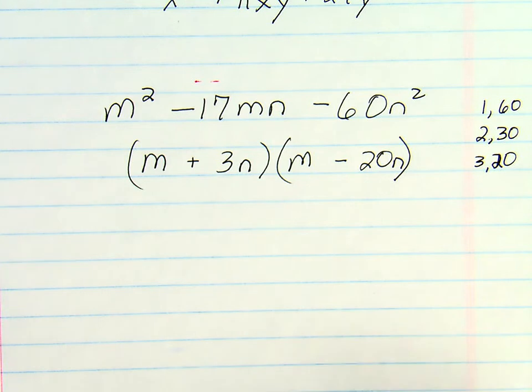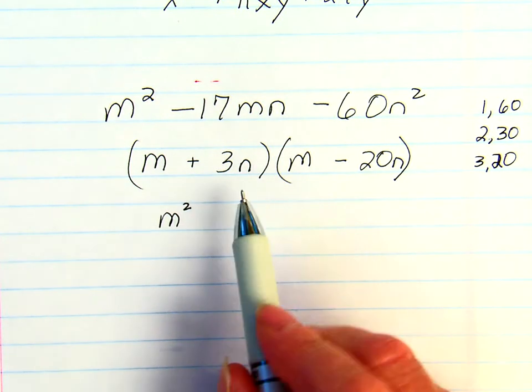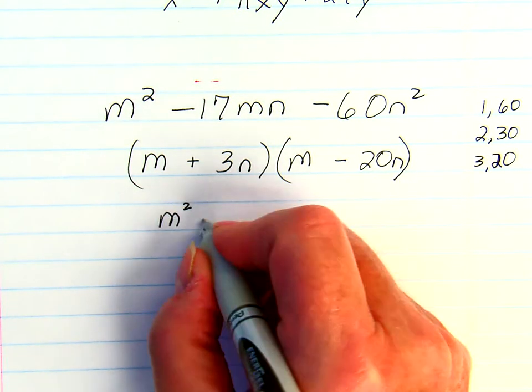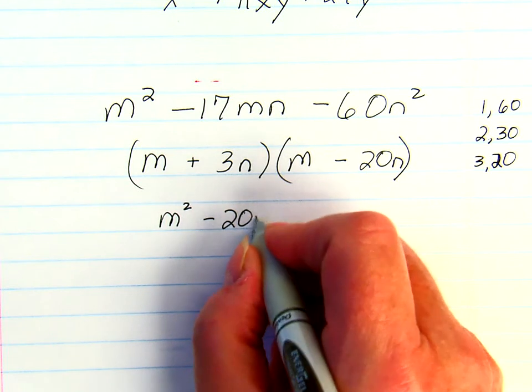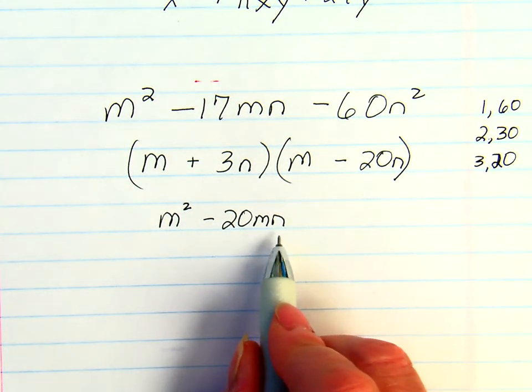Okay, and now I'll check my work. So I have m times m, which is m squared. Outside, m times a negative 20n, which is negative 20mn. Notice I'm keeping it alphabetical.